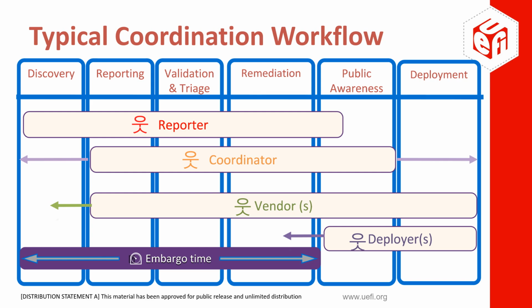At public awareness, he's involved trying to do different things at different stages: first discovering, where he's maybe reverse engineering, researching and trying to find vulnerabilities, and then reporting. If the reports are good, he's able to submit them to a coordination center like ours. We validate and triage, and we start picking up from that time.